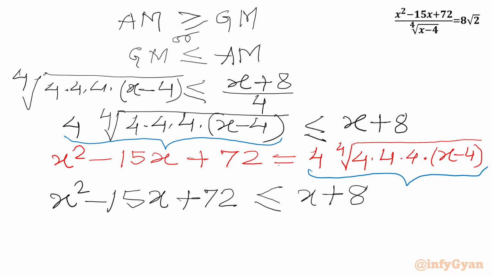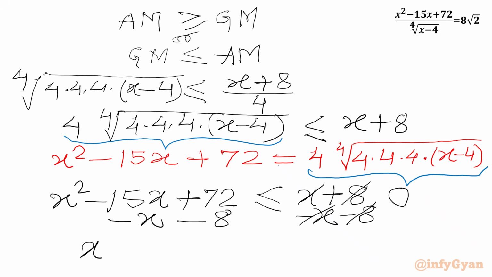Now x is greater than 4. We will subtract x plus 8 from both sides. So I will write here minus x minus 8, minus x minus 8. In the RHS we are going to cancel plus x minus x, plus 8 minus 8. We will write 0 over there. And in the LHS we will be writing x square minus 16x plus 64 less than or equal to 0.